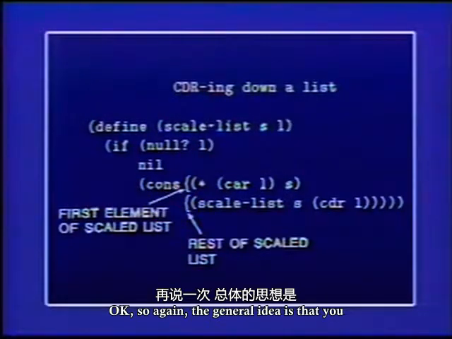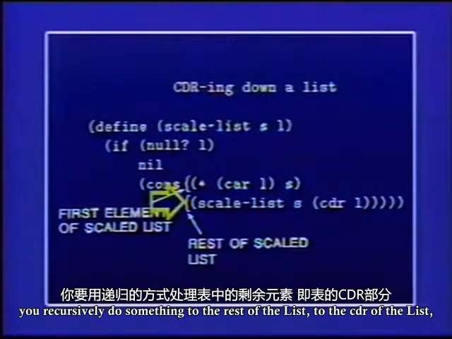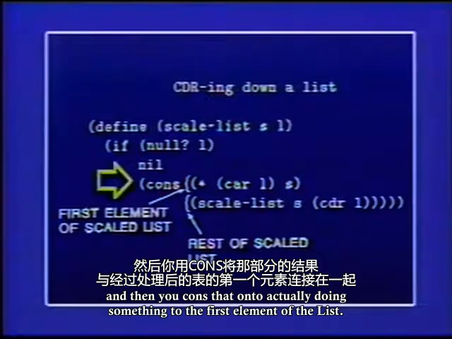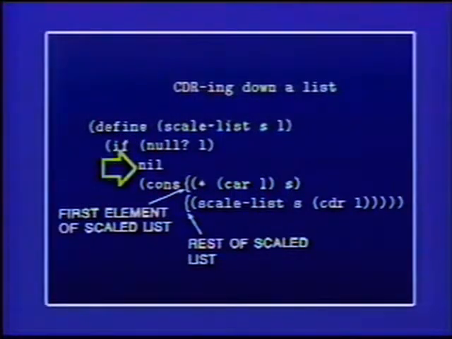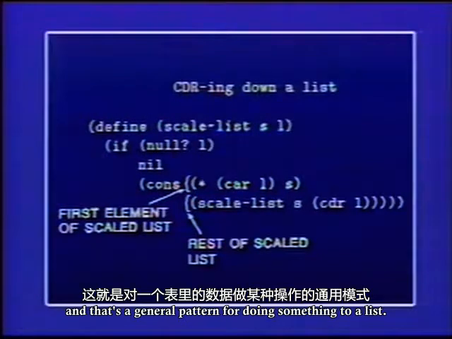Okay, so again, the general idea is that you recursively do something to the rest of the list, to the cdr of the list, and then you cons that on to actually doing something to the first element of the list. When you get down to the end here, you return the end of list pointer. And that's a general pattern for doing something to a list.